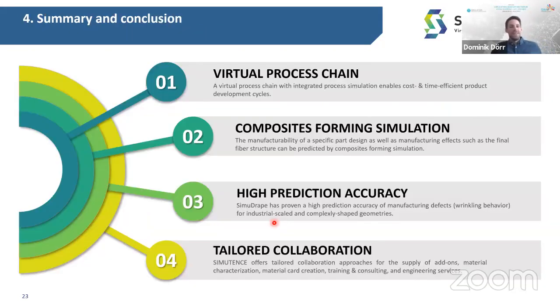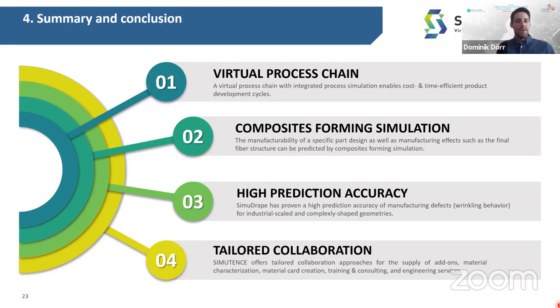Okay, this is all from my side for today. To give a short summary and conclusion: what we have seen today is that a virtual process chain enables the reduction of costs and time for product development cycles, because we can gain significant knowledge already in early development phases without manufacturing any real demonstrators.